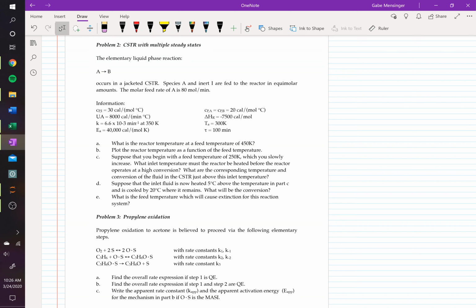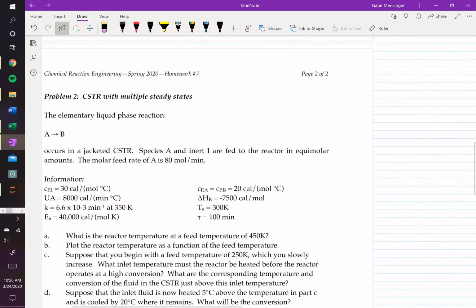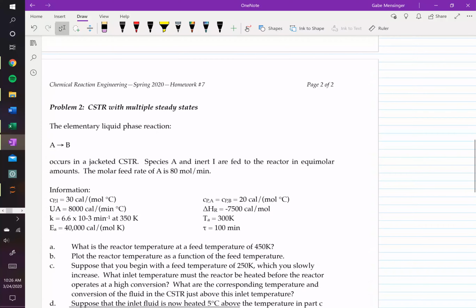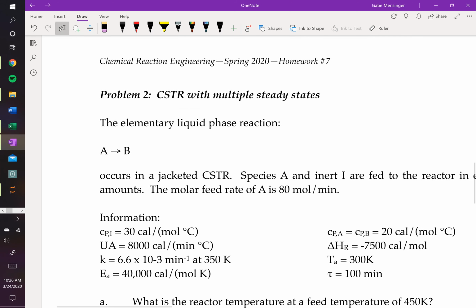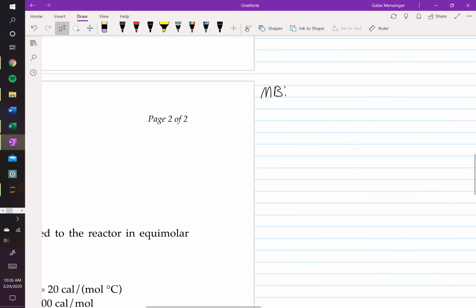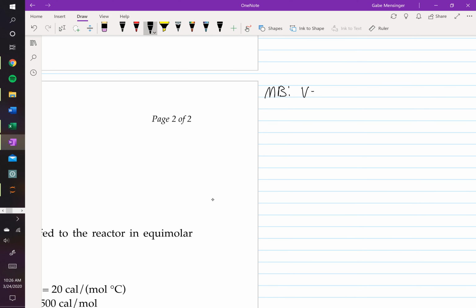Once again, we're dealing with another steady state problem. The best place to start is either the energy balance or the mass balance, and I like to start with the mass balance. We have a CSTR, so V is equal to FA naught times XA over minus RA.